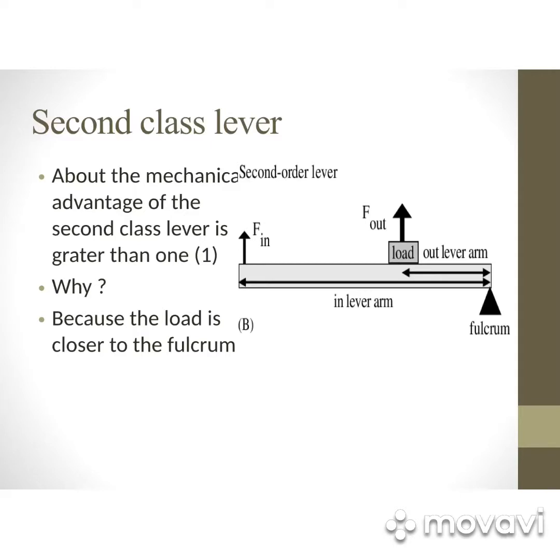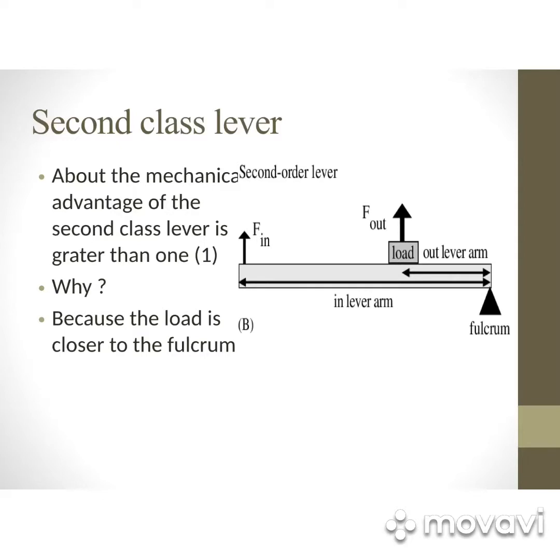Because the closer the load is to the fulcrum, the more the force is increased. So if the load is close to the fulcrum, the force will increase, and if the force increases, that means you will have more mechanical advantage. That's the whole case. So the mechanical advantage is greater than 1.